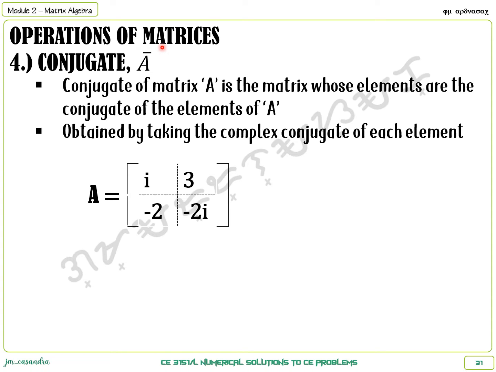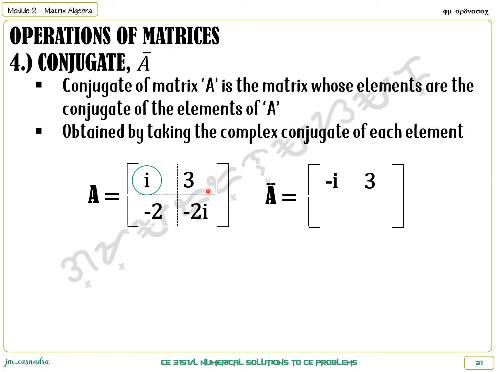To understand that, let's have matrix A with elements i, 3 for the first row, and we have -2 and -2i for the second row. If I'm going to get the conjugate of matrix A, since i is a complex number, I will just simply change its sign, so it will now become -i.